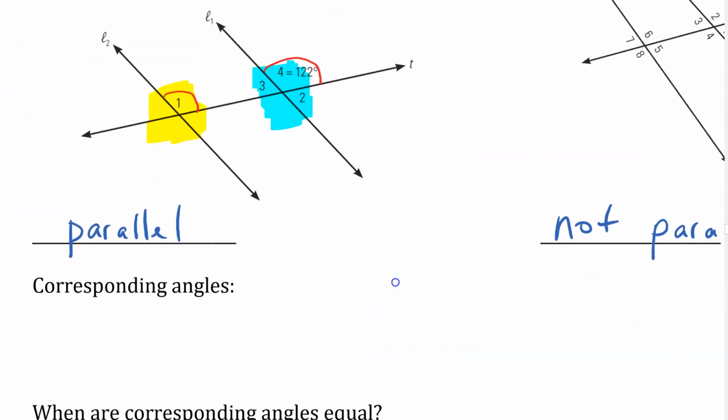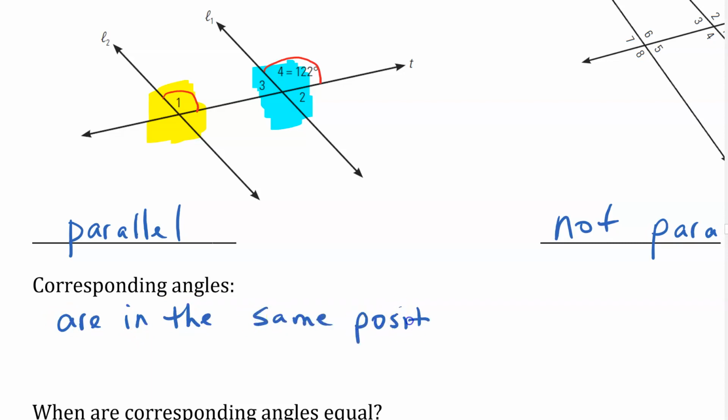All right, so now when we talk about corresponding angles, what's the definition of what I was talking about earlier? Corresponding angles are in the same position but different intersections.